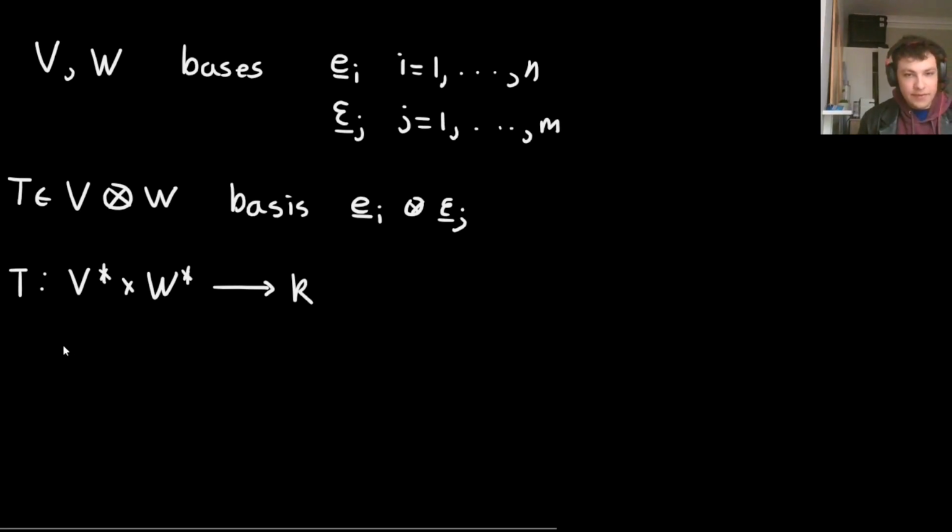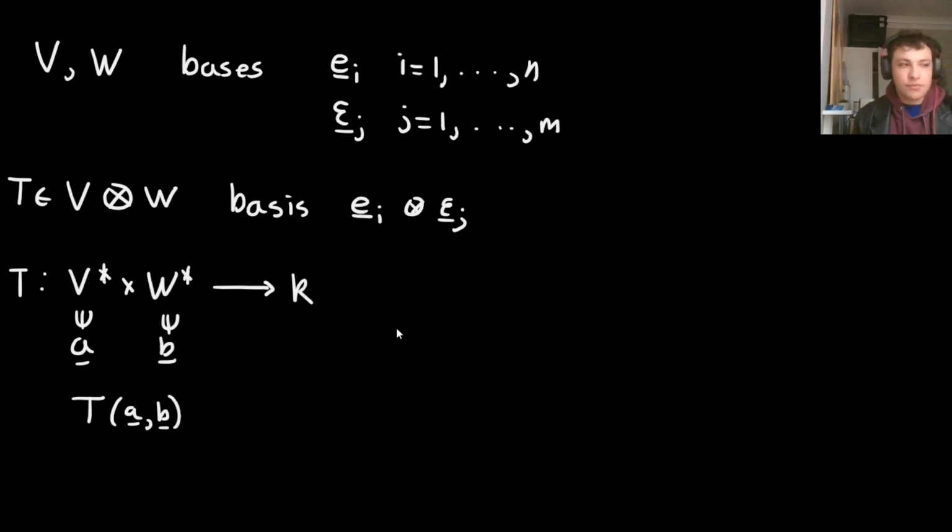If we have A in V star and B in W star, we say T of A, B. We'll just pretend that T is one of the basis tensors for now, and then obviously you can build up from there. It's going to be A acting on e_i times, because these are just in the field now, B acting on epsilon_j.